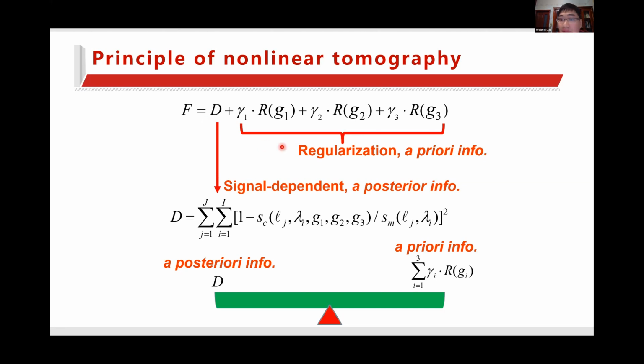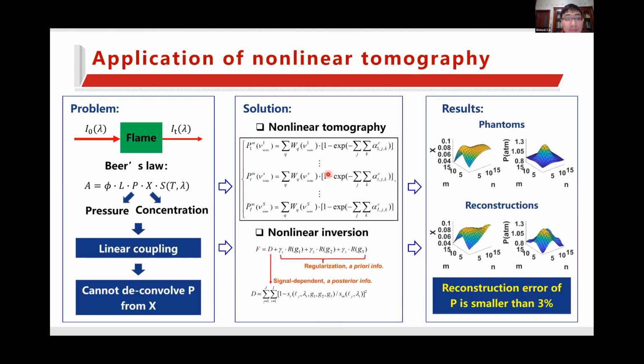And you can also include some prior information, such as the smoothness of the distributions of the physical quantities. The best solution should be balanced between these two. Based on this, we successfully and simultaneously reconstructed the temperature, species concentration, and the pressure.